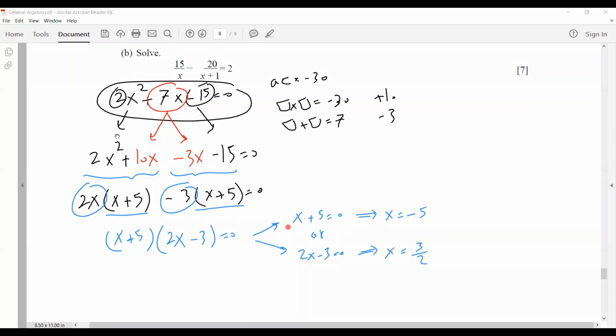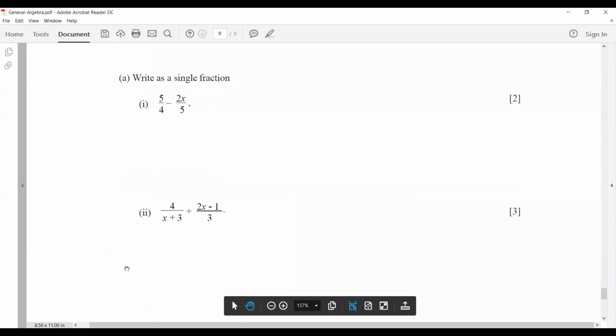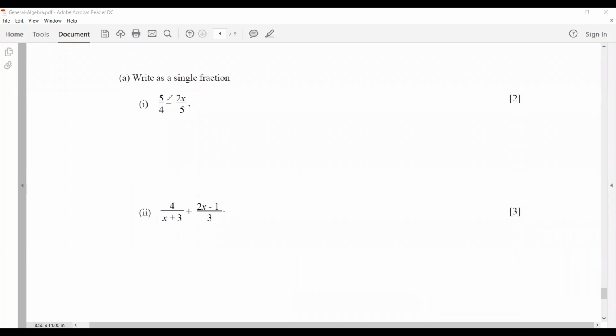Moving on to the last question. So this is just a matter of simplifying. You can multiply the top and bottom by the denominator of the second fraction. And you do the same thing for the second fraction. You multiply top and bottom by 4, which is the denominator of the first fraction.